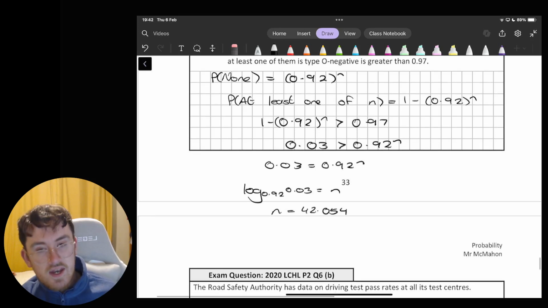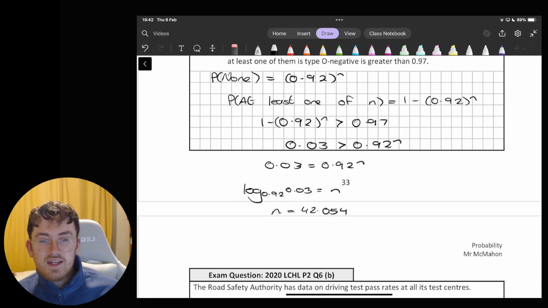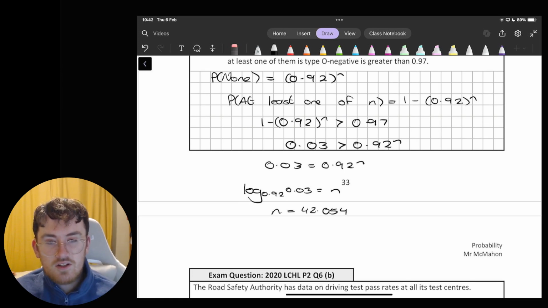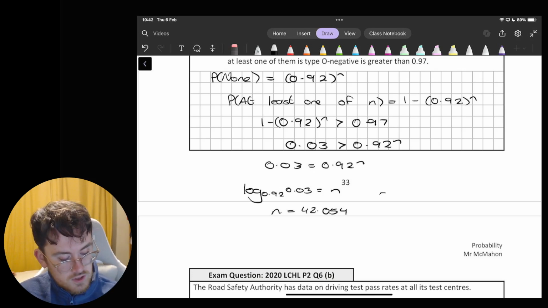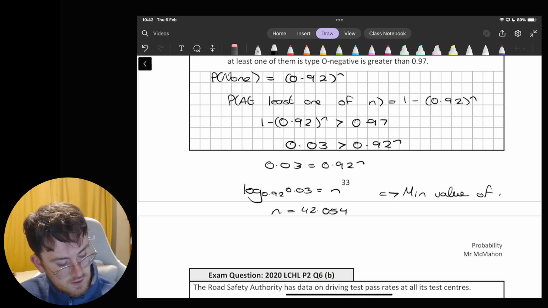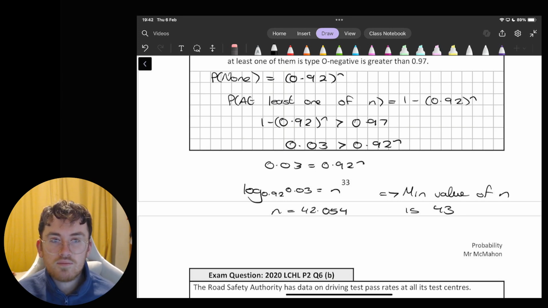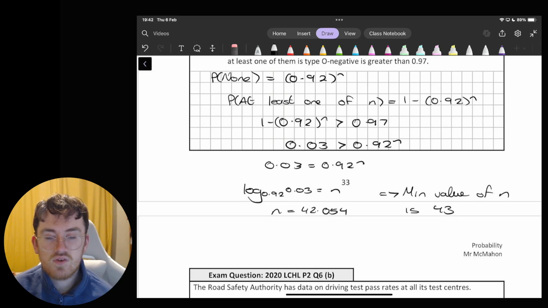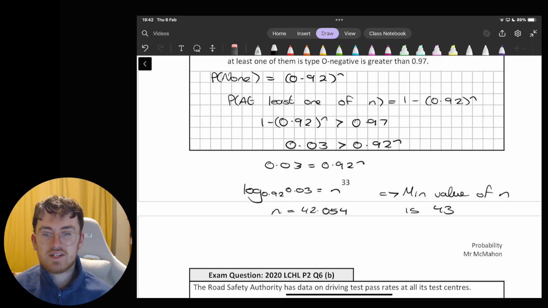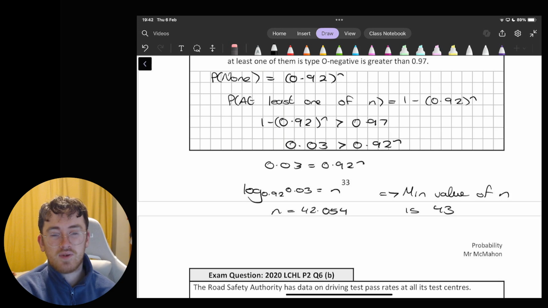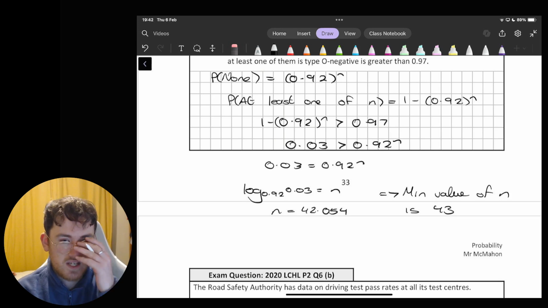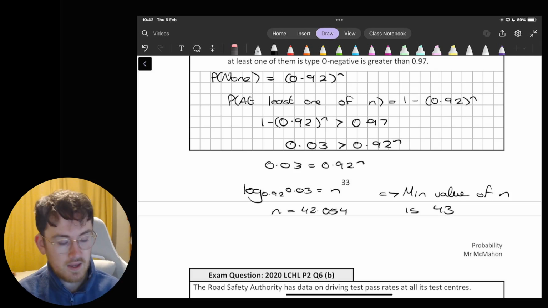Okay, now they're basically saying here to get a value of 0.03, I need to be slightly over 42, which means the minimum value of n is 43. So to be sure that the probability of at least one of them being O negative is greater than 97%, I would need to have at least 43 people. Okay, which again, given a probability of 8%, seems fairly reasonable there, really.